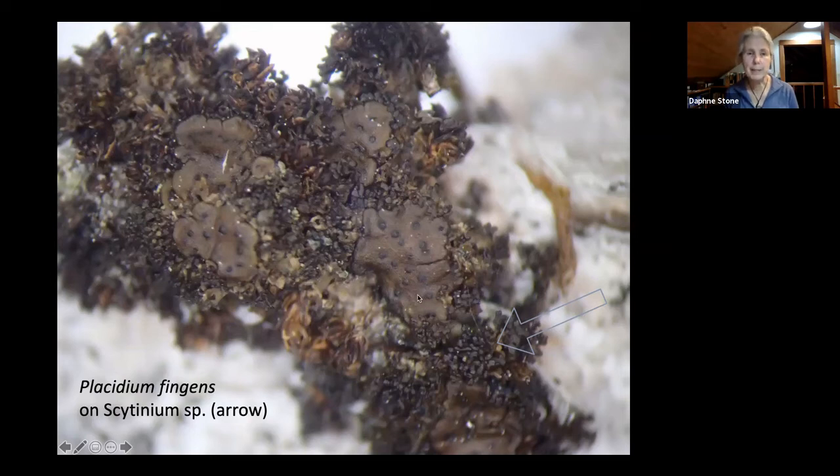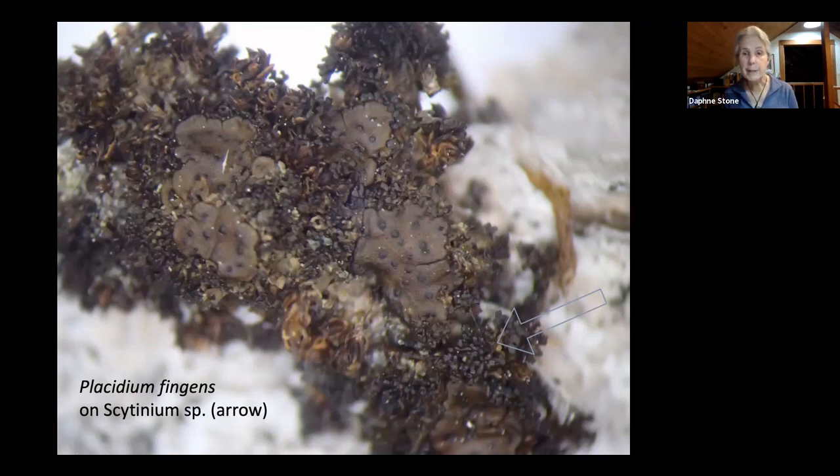While most Placidium species are soil growers, on the soil there are often other Collema species nearby. So I'm kind of thinking that this might be a very loose association between the jelly lichen and this Placidium fingens.